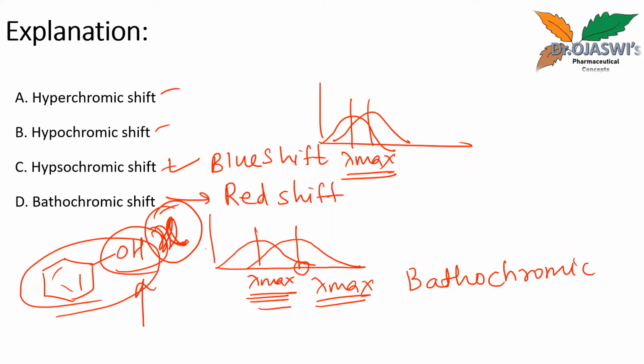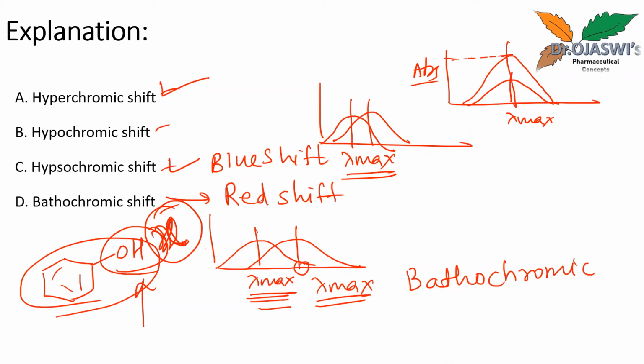Let us see what hyperchromic and hypochromic shifts are. If this is the lambda max of the original molecule, and by addition or deletion of a certain chromophore, or presence of any substituent on that molecule, the absorbance is increased while the lambda max remains the same, then that is called a hyperchromic shift.